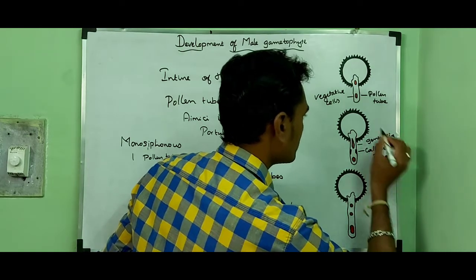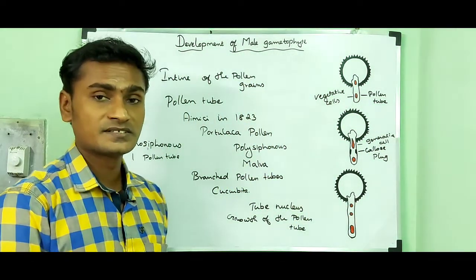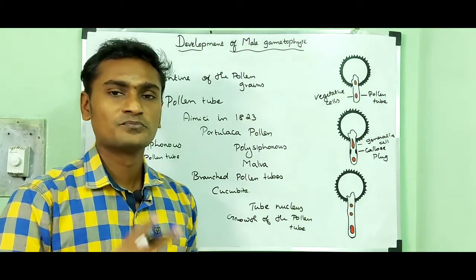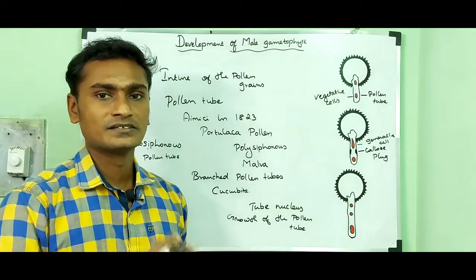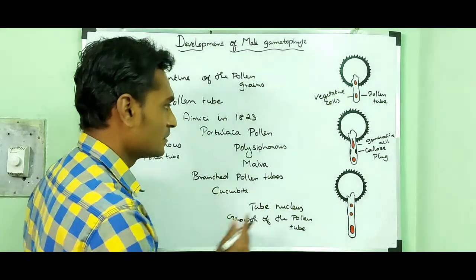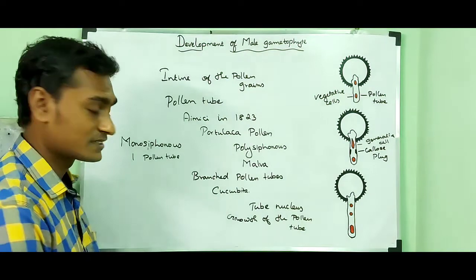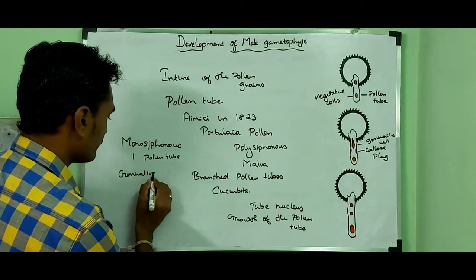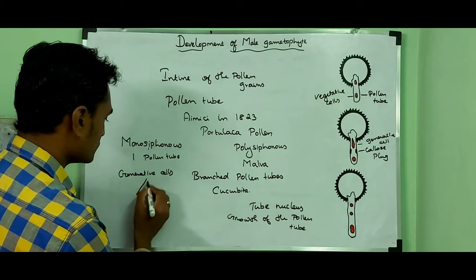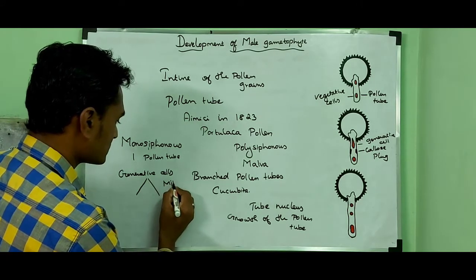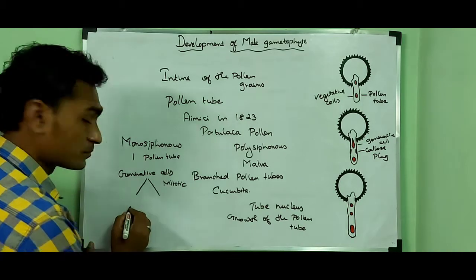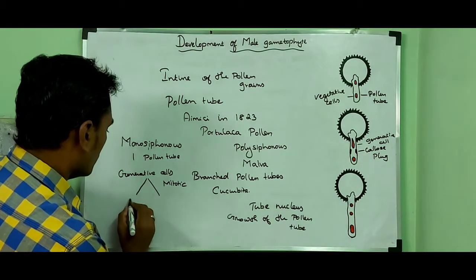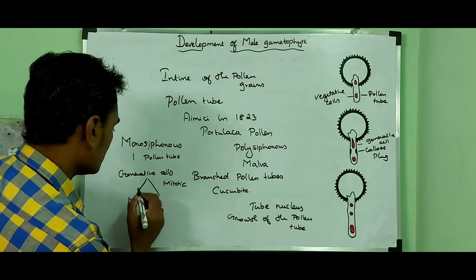Generative cell-னு சொல்றோம். This generative cell undergoes mitotic division and it forms two male nuclei. இந்த generative cell வந்து என்ன ஆகுது? It undergoes mitotic cell division and it produces two male gametes. சரிங்களா?